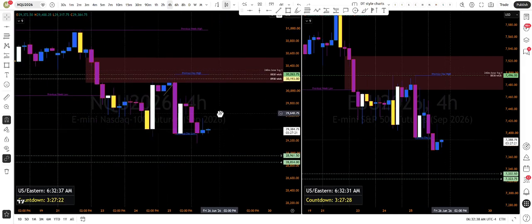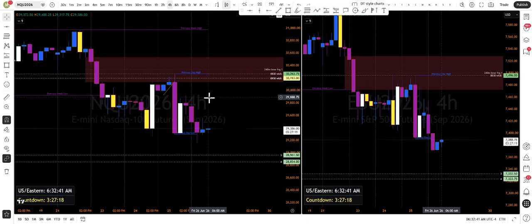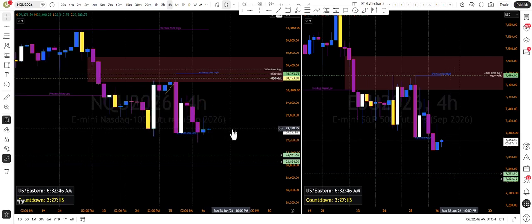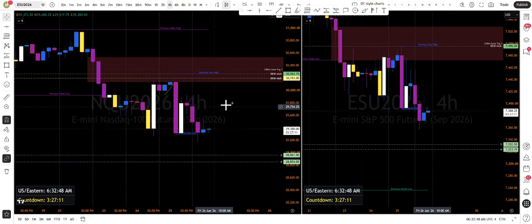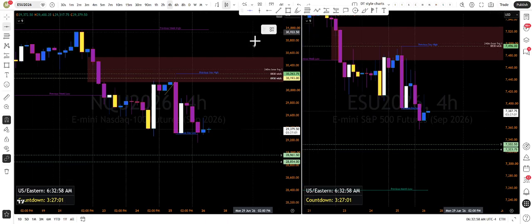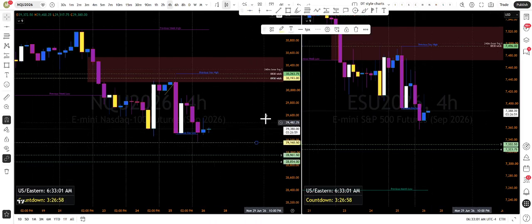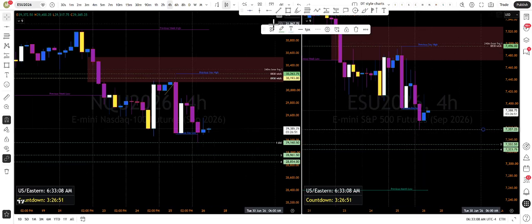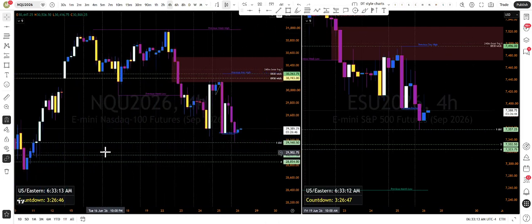So we got the various fair value gaps. So this is obviously a nice draw on liquidity. This pivot level. I have these marked.